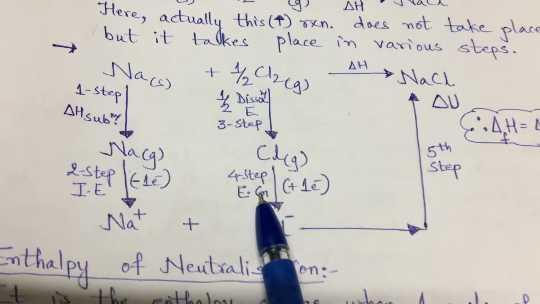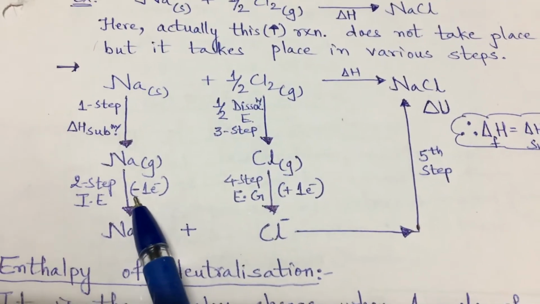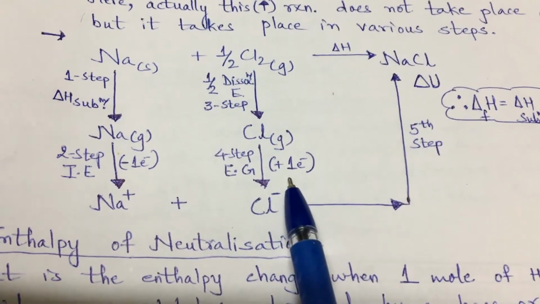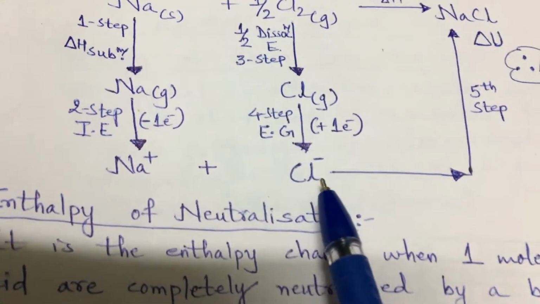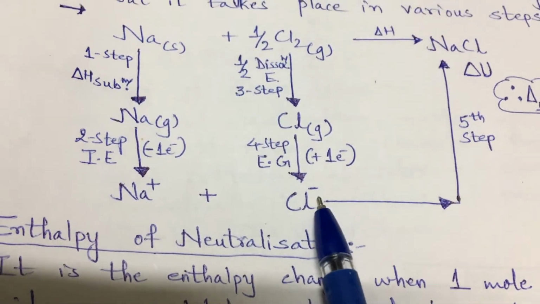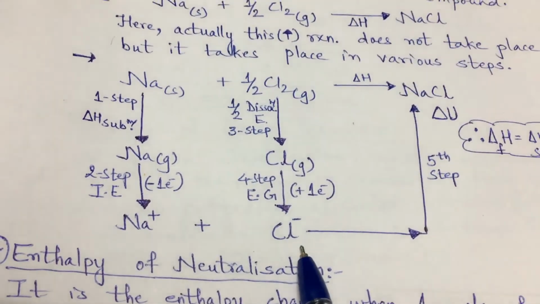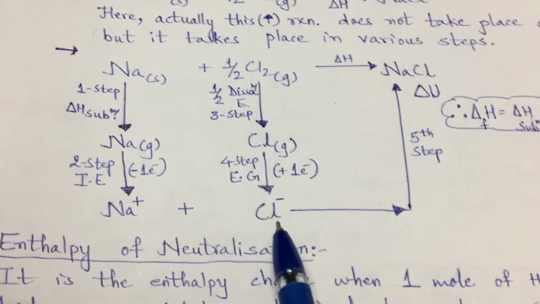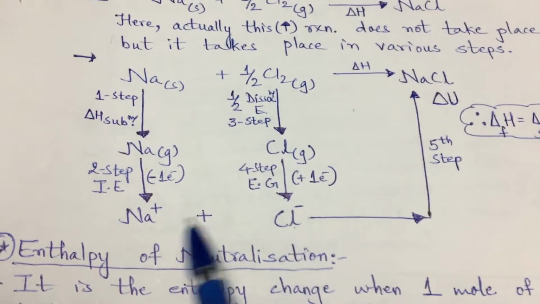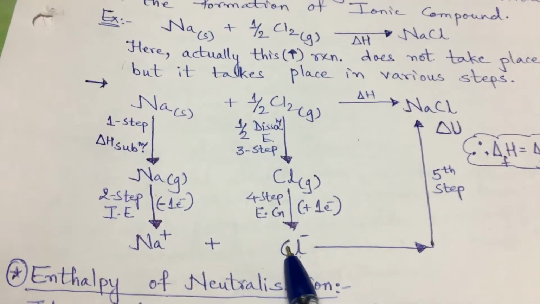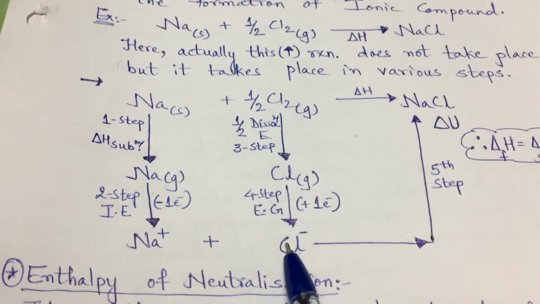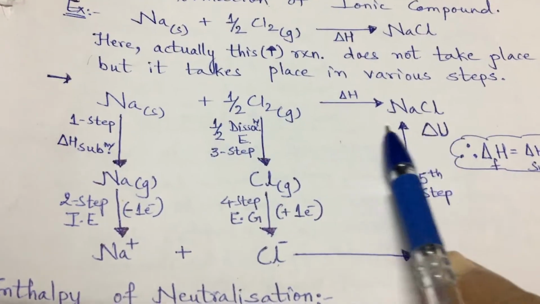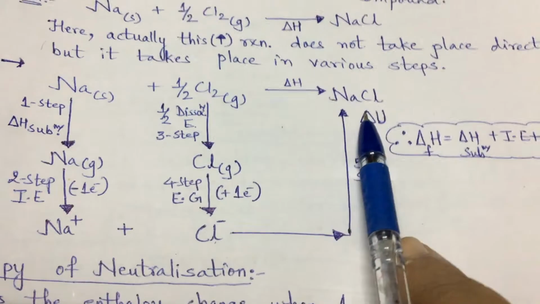So in a fourth step, this removed electron will be gained by it, so it will be plus 1 electron, and chlorine will acquire negative charge and becomes chloride ion. This Na plus after getting ionized and Cl minus after getting ionized combine together to form the lattice, and so the fifth step gives us lattice energy for the formation of NaCl.